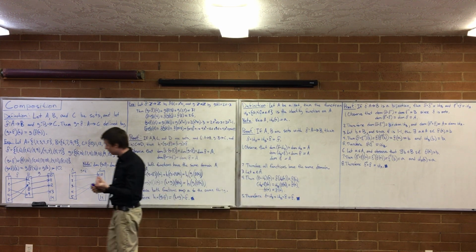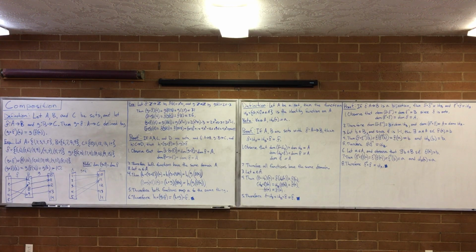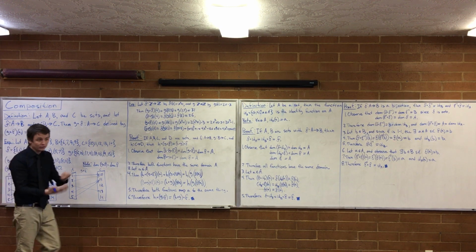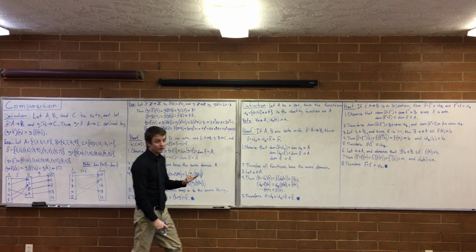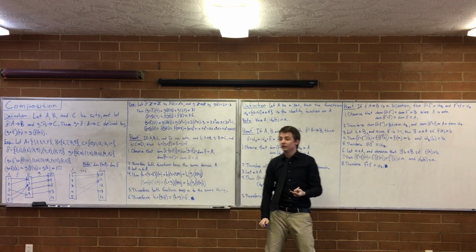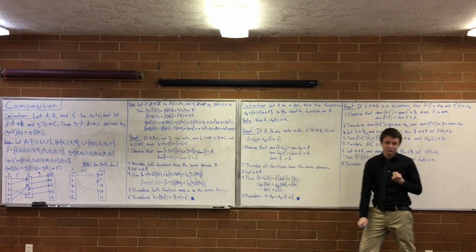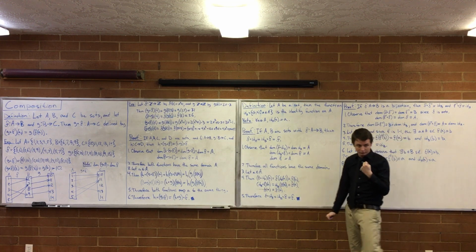Then they're the same function. So if they both have their domain 1, 2, 3, 4, 5, and they map 1 the same way, 2 the same way, 3 the same way, 4 the same way, 5 the same way, then they're the same function. So that's what we do when we prove 2 functions are equal. We first prove their domains are the same, and then we show that for any element in the domain, they map them the same.